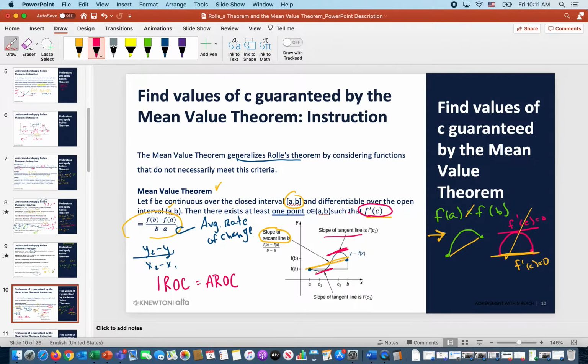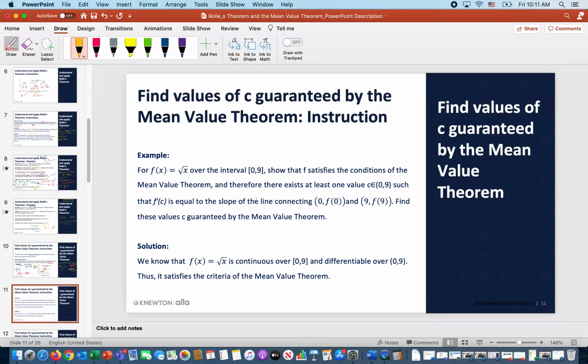So we're actually going to use this thing right here. We're going to set our derivative equal to the slope of that line. So when we talk about Rolle's theorem being a special case, the slope of this line is 0, and so we set our derivative equal to 0. All right, so take a look at this one. We know that the square root of x looks like this.